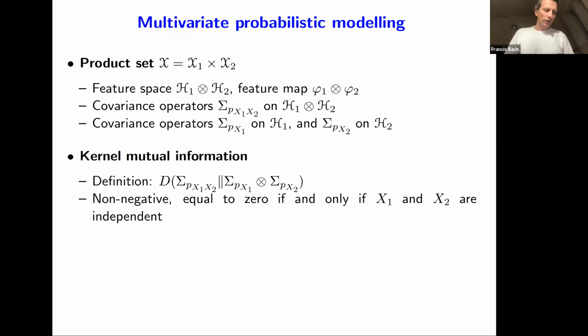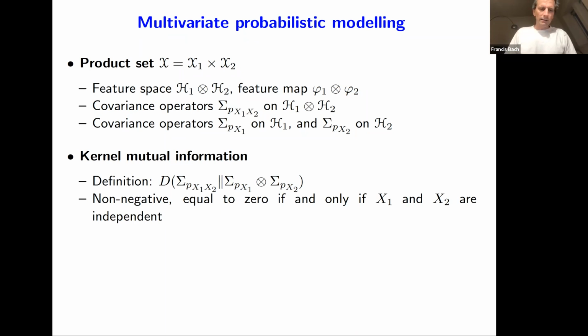So first, a classical thing, you can define the mutual information, which is the KL between the joint distribution and the product of the marginals. This corresponds to taking the kernel entropy, the quantum entropy, between the joint and the tensor product of the marginal operators.